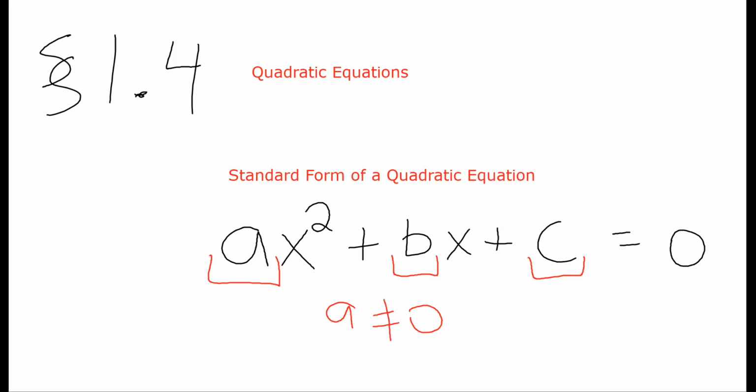Now, what we like to do next is talk about how we can solve quadratics. That's kind of a big deal, finding solutions. And so what we usually use is factoring. You can use the completing the square method, and completing the square is vitally important in mathematics.